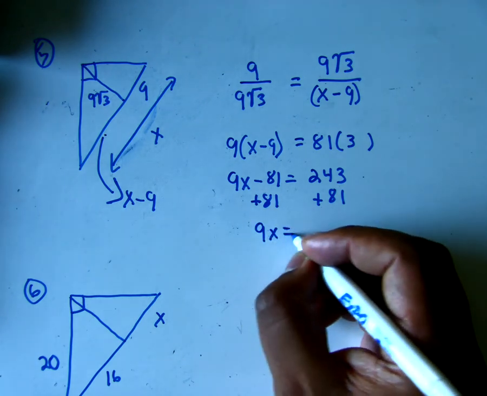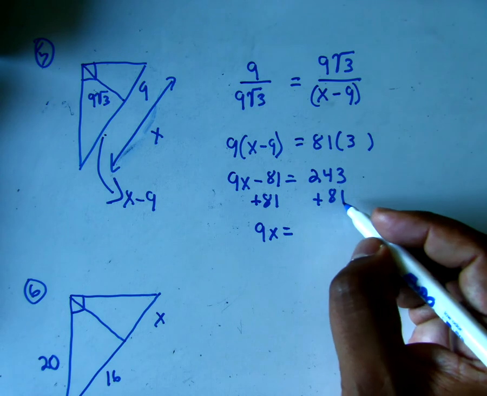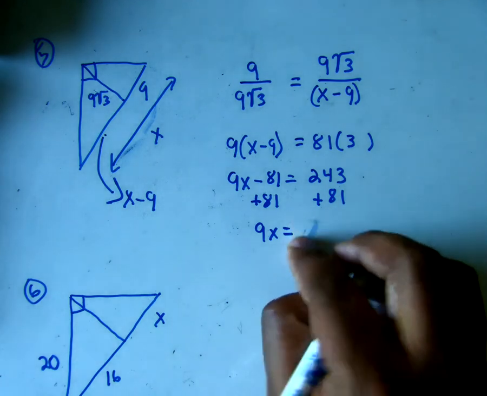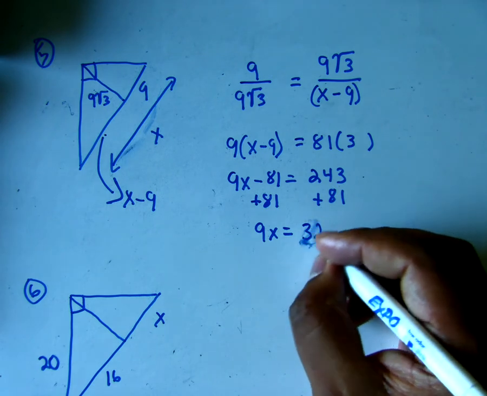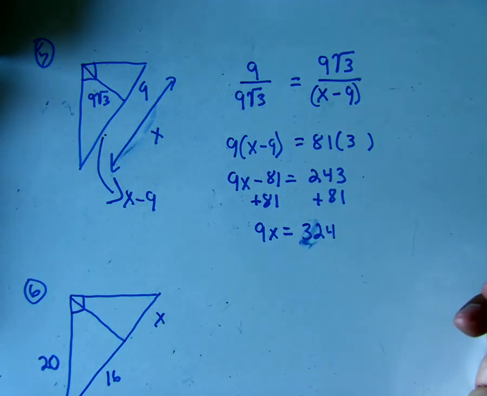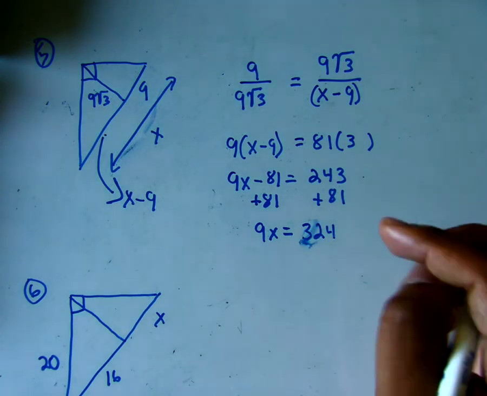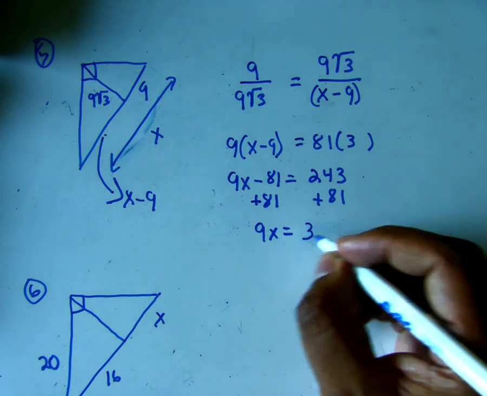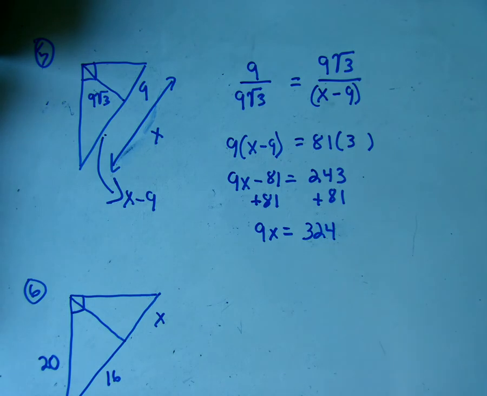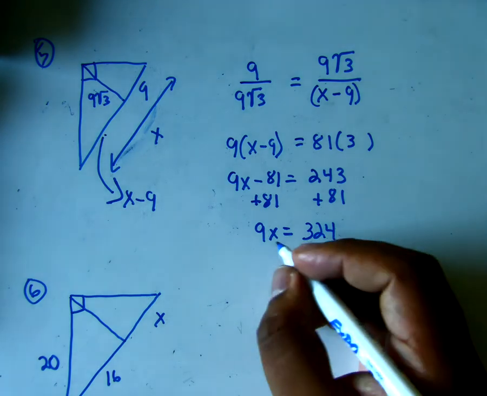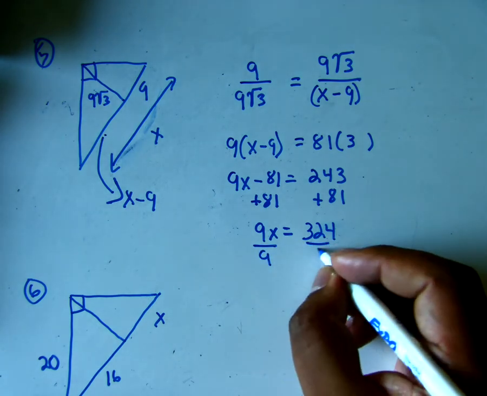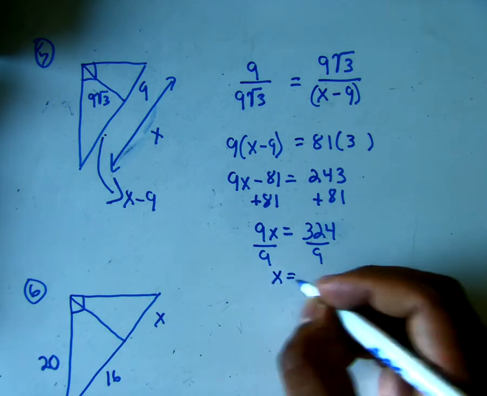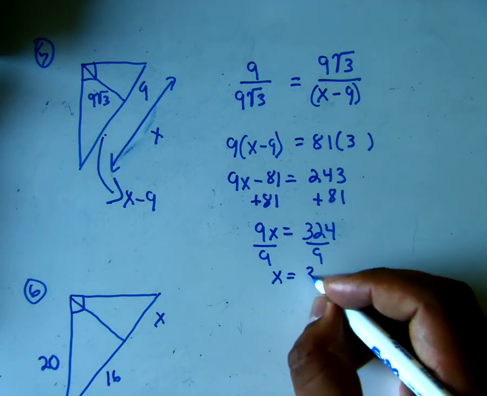Bring down my 9x. 243 plus 81 is 324. Next, I'm going to divide by 9. And that's going to leave me with a value of 36.